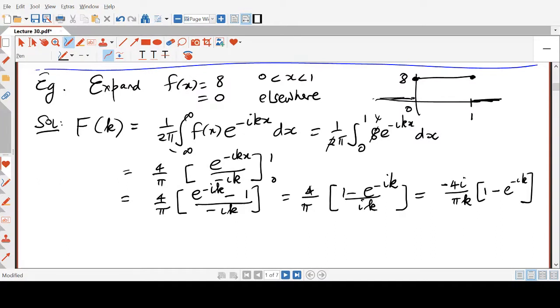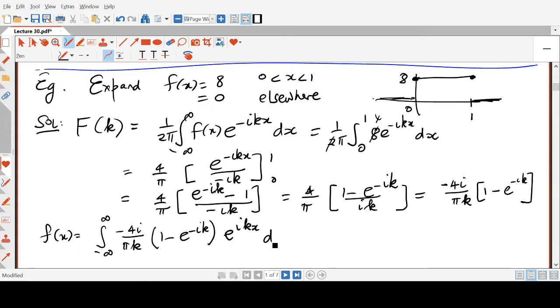So now to conclude, I can say f of x is the integral from minus infinity to plus infinity of F of k, which is minus 4i over pi k, 1 minus e to the minus ik, times e to the ikx dk.